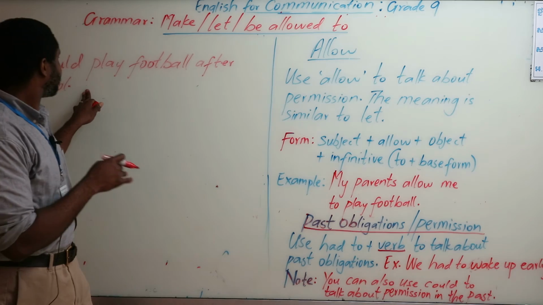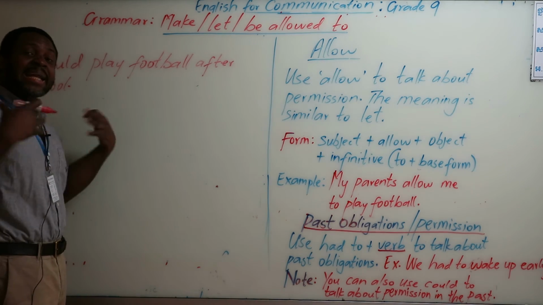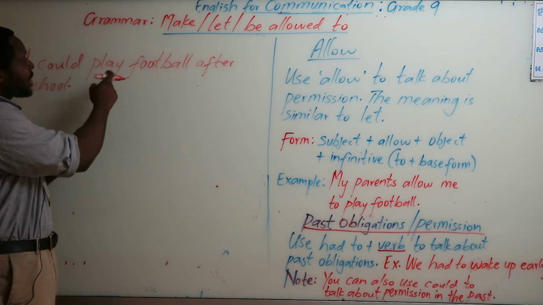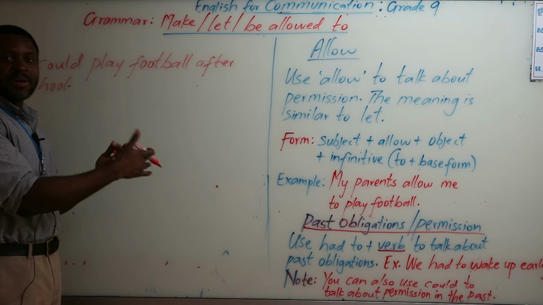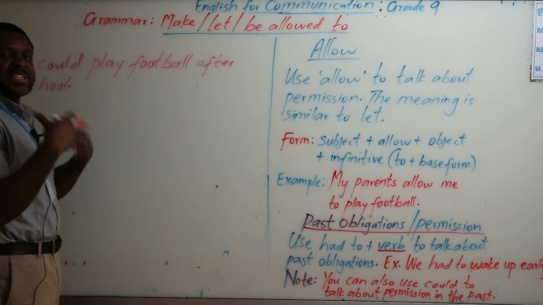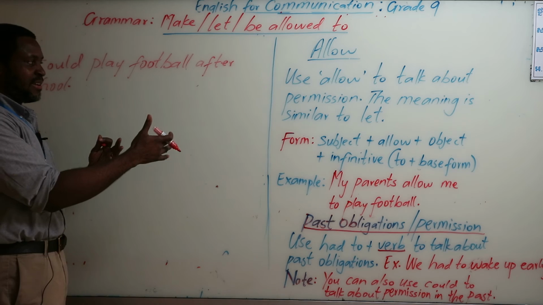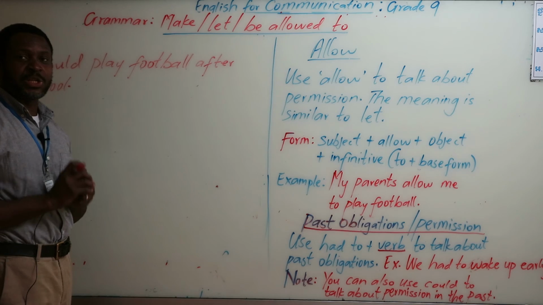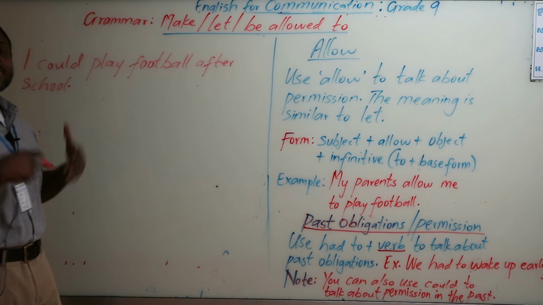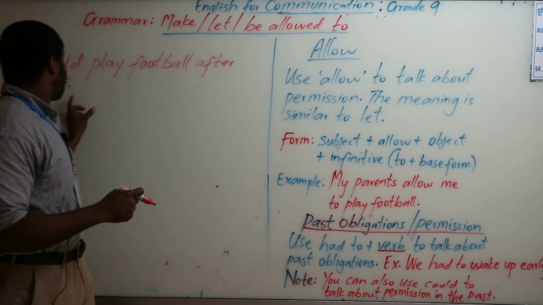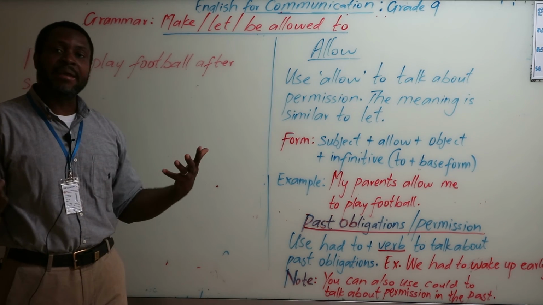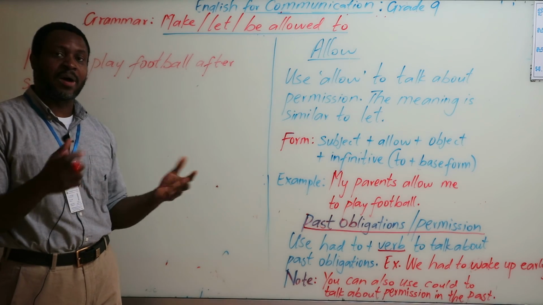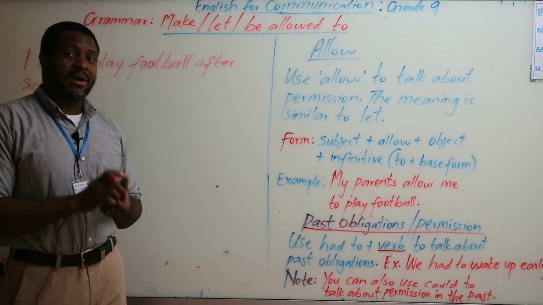That means maybe my parents allowed me to play football after school, so I can also say I could play football after school. I don't necessarily need to say my father or my mother allowed me to play football. That is okay if you want to use that, but this is another way you can express yourself. You can say I could play football. That means I am allowed. I'm allowed to play football, or I have permission to play football after school.